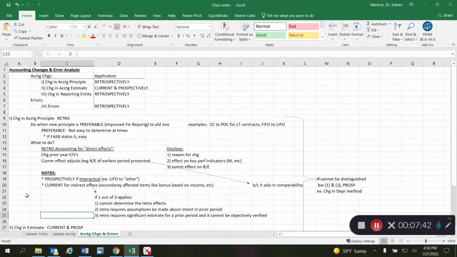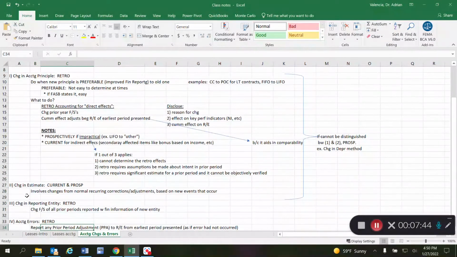All right, the next category is a change in estimate. And with the change in estimate, the application is during the current period and prospectively. And this involves just regular changes based on events that occur, new events that occur. And they're deemed to be normal recurring adjustments, okay?